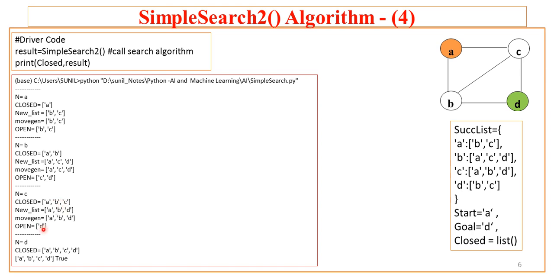Now at last we have only one element in the open, that is picked, and as it is the goal, it returns success. And here the print statement prints the status of the open and the result of the algorithm, that is true. So here the path found is A to B, B to C, and C to D. So this way this algorithm works.